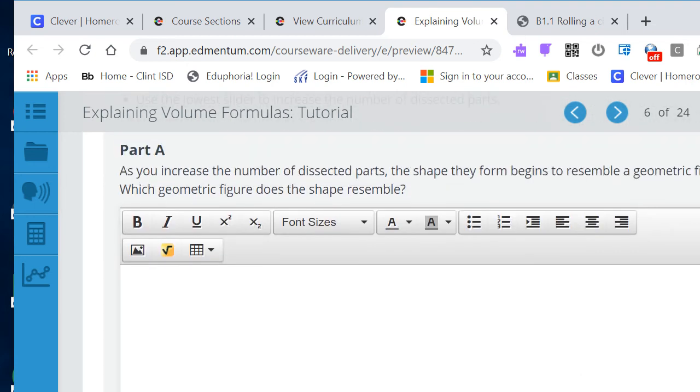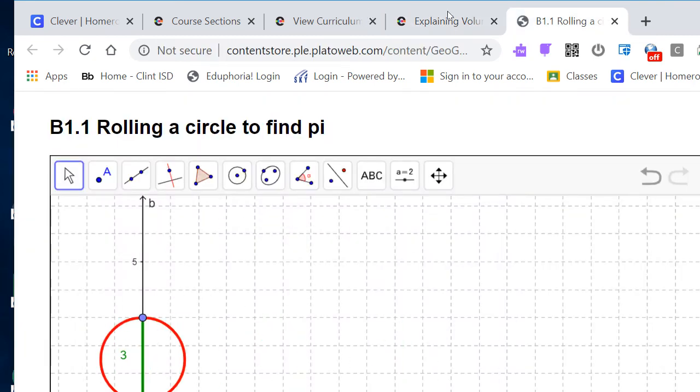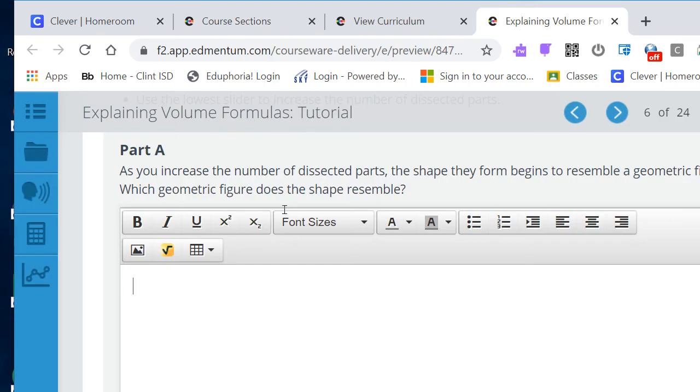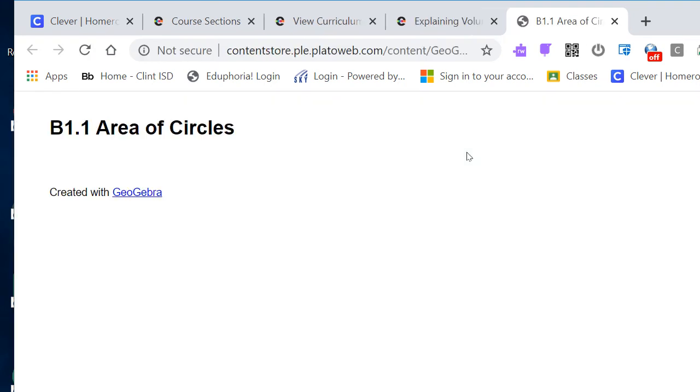The next question is asking you, as you increase the number of dissected parts, the shape they form begins to resemble a geometric figure. Which figure does the shape resemble? Okay, and what that means is when we're working with this, and I think they give you another one. Let's go check the other one. Okay, here it is for the area of a circle.